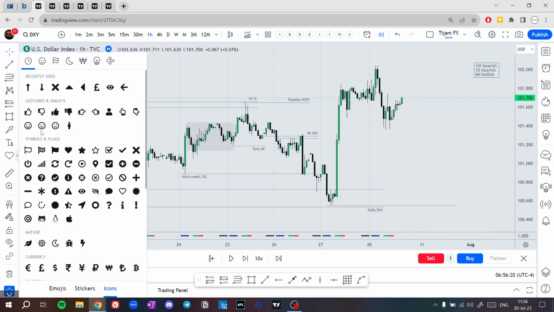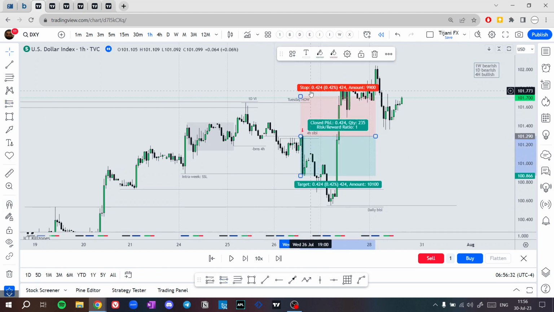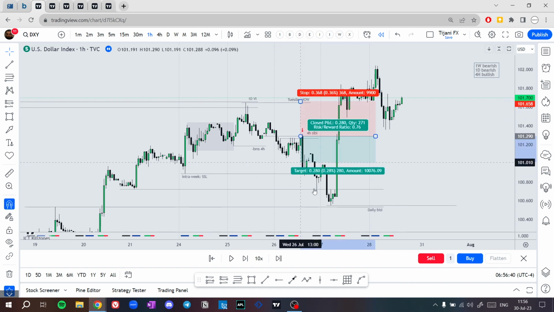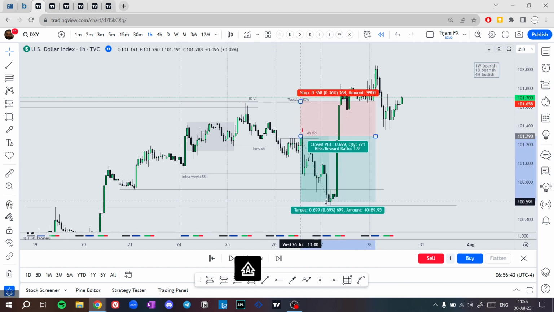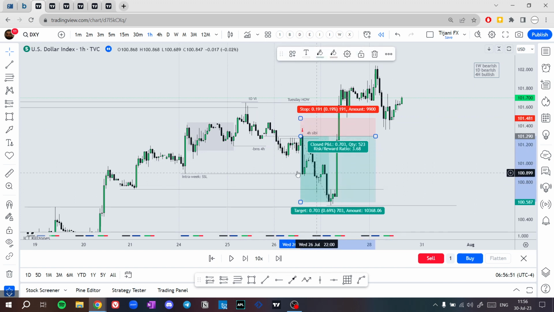You should enter here. Yes, we know that day was FOMC. Maybe you didn't enter because of FOMC. Maybe you have a big stop loss. So let's assume that I entered during FOMC. If I entered, this is my stop loss right here, at least above that high, with a little bit above it because of slippage. In a high news event, there is a lot of slippage.